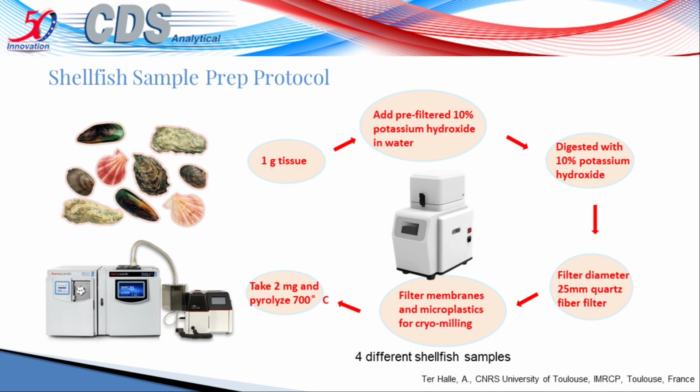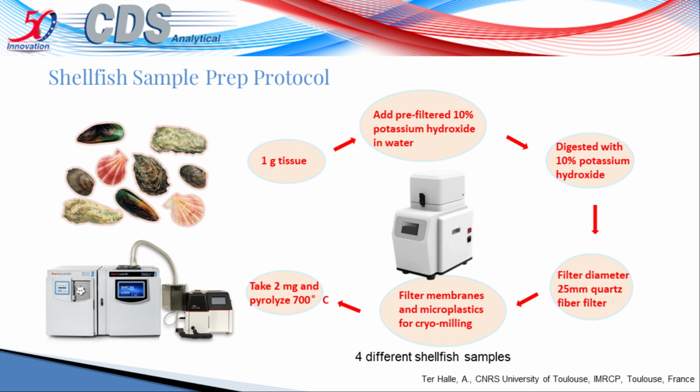For shellfish samples, sample prep is required to concentrate the sample, removing the tissue without degrading any of the existing microplastics. So we looked at 4 types of shellfish: oysters, clams, Stimson surf clams, and scallops. They were deshelled, and then 1 gram was digested with potassium hydroxide at 40 degrees C for 24 hours.